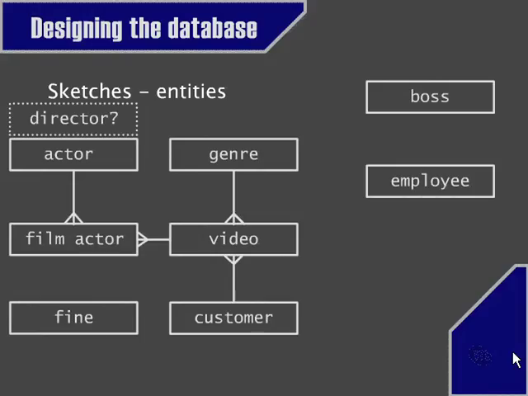I instead decided to generalize the actor entity into an artist entity, and then the bridging table would similarly be generalized. This would also allow the flexibility of actors who are also directors or also screenwriters and so on.